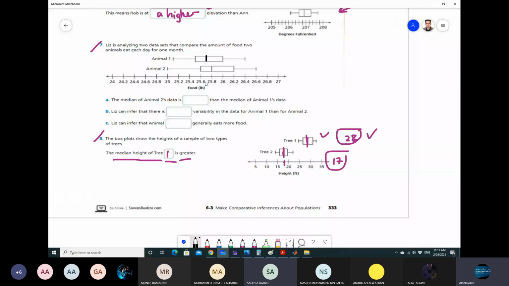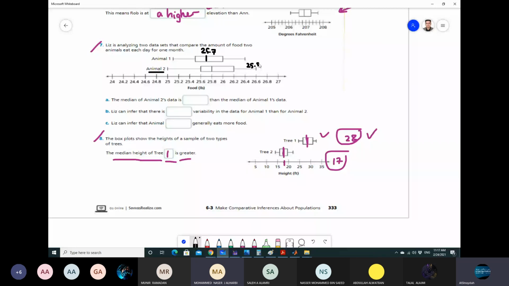25.7, I think. It's between 25.6 and 25.8. Maybe it's 25.7. It looks like 25.7. What is the median of the second data set here? 25.8. So which is greater?